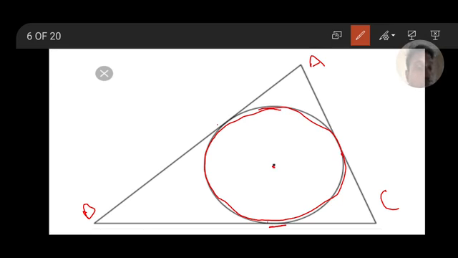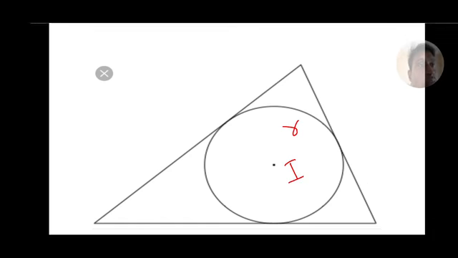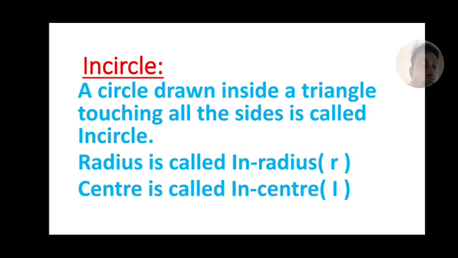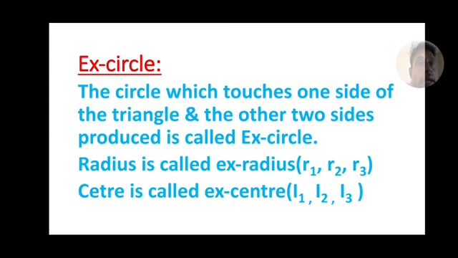This center is called the incenter, denoted by capital I, and its radius, whatever the distance may be, is the inradius, denoted by small r. The incenter is capital I and the inradius is small r.